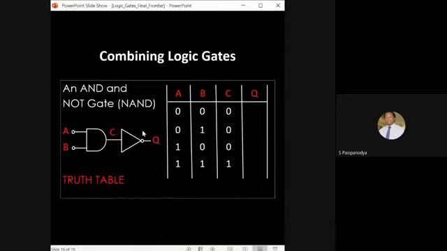Now we look at our Q, and we're saying the input determines the output, and the input of our NOT gate is our C.